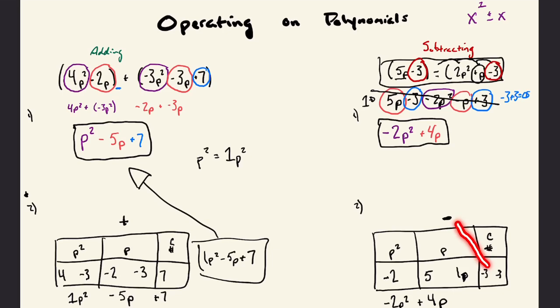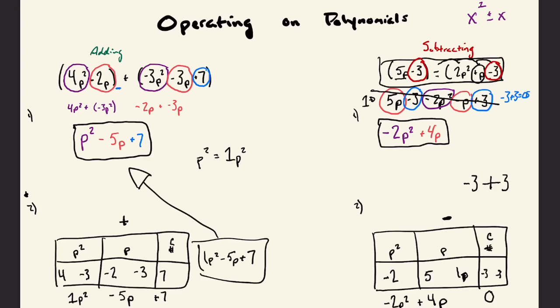Negative 3 minus negative 3. Well, let's write that out. Negative 3 minus a negative 3. Well, what do we know about subtracting a negative? What does this turn into? It turns into a positive, addition. So it's going to be negative 3 plus positive 3, which gives us 0.